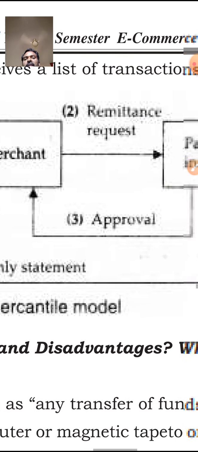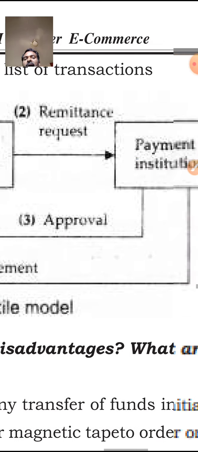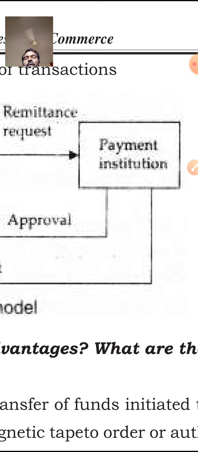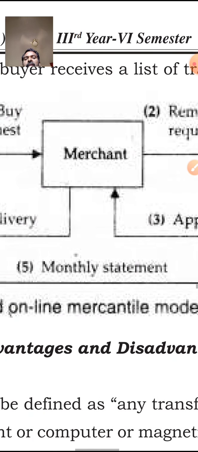Then the merchant passes on the request and gives the information to the payment institutions. After receiving the amount from the buyer, the payment institution gives approval to the merchant.